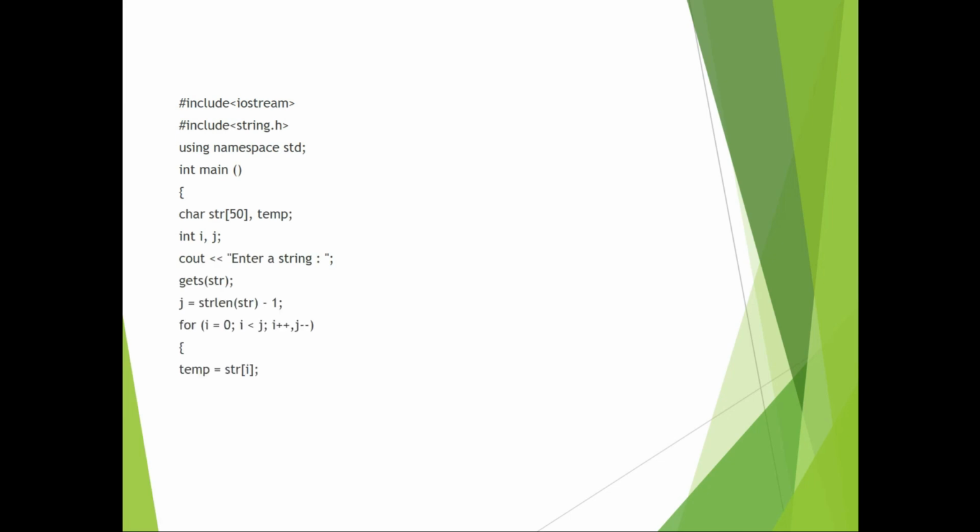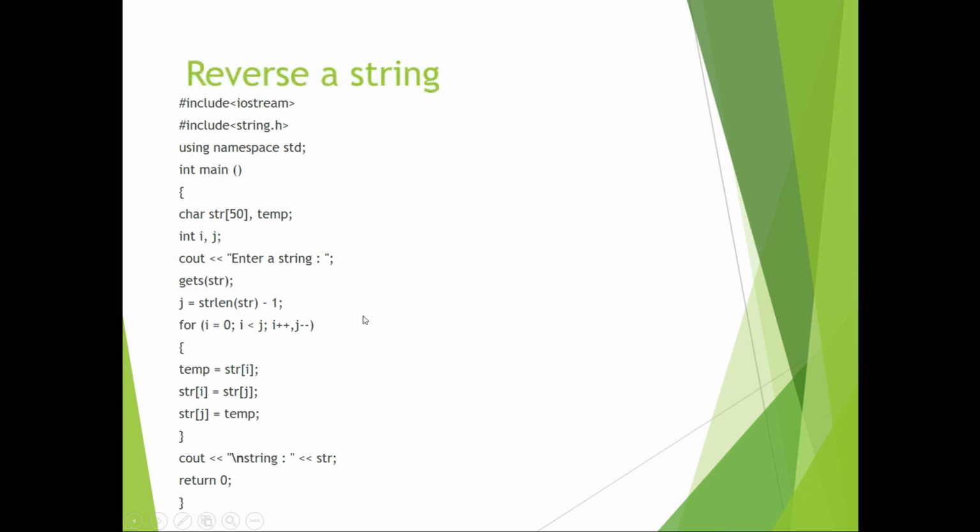Now yet another program. Can you guess what sort of program this is? Yes, this is a reversal of a string. Here you can see the swapping procedure taking place. I am trying to reverse a given string.